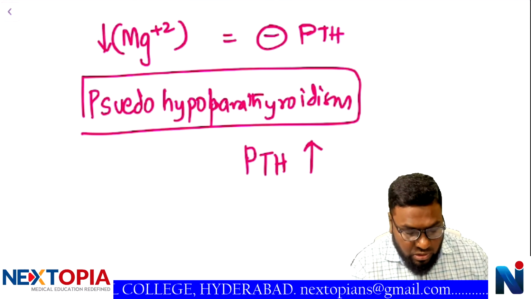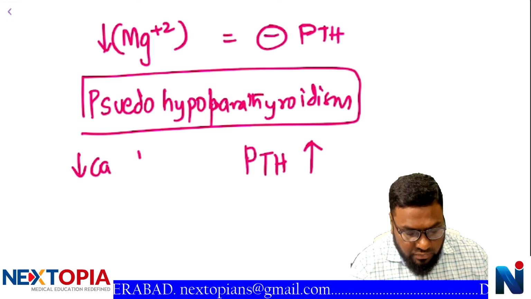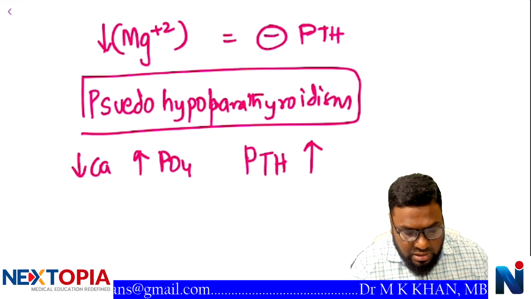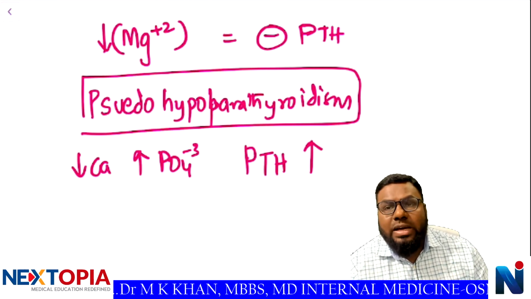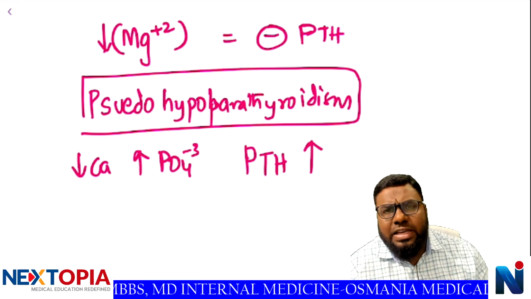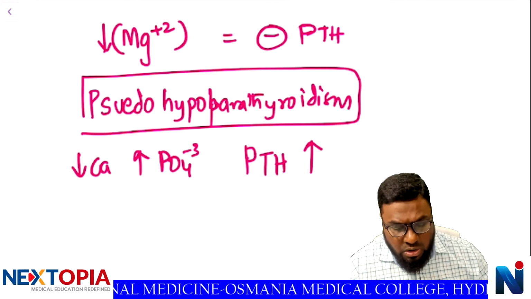So we have low calcium levels, high phosphate levels, but the parathormone levels are high. So why is it high? Because of various genetic mechanisms.